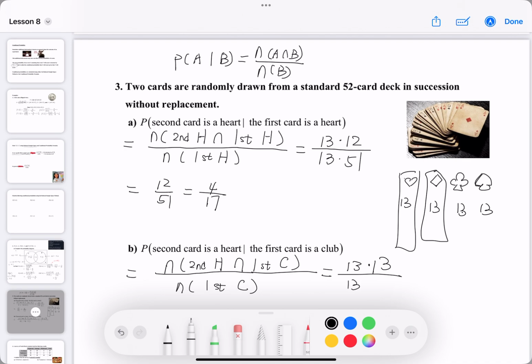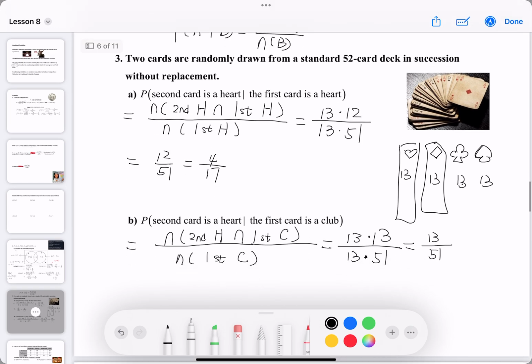That means I have 13 clubs. I'm having 13 possible outcomes. And then second card, I'm going to choose from 51 cards because I have 51 cards left. First card already chosen. So second card, it doesn't matter. It could be a heart, it could be a club or diamond, anything. Okay, reduce top and bottom. We are having 13 over 51. Okay, nothing can be reduced.